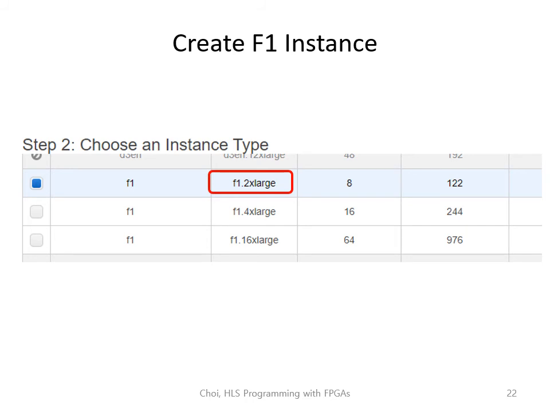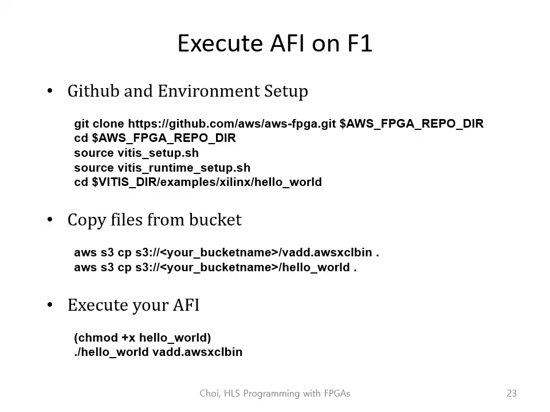Please refer back to the previous part if you have not done this in advance. Also, as I explained in the previous part, not every region has an F1 instance type. So for me, I am using US East 1, North Virginia, to run my F1 instance.